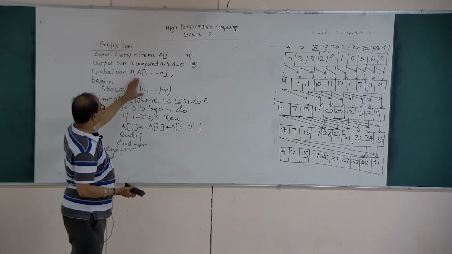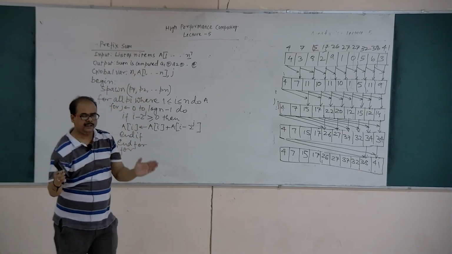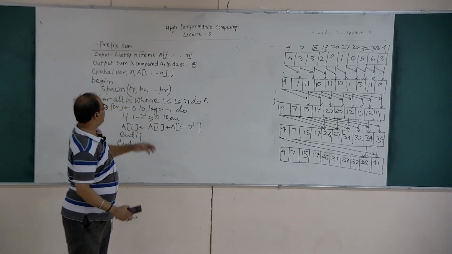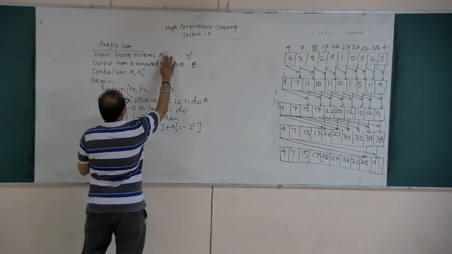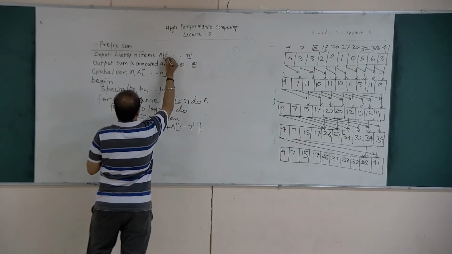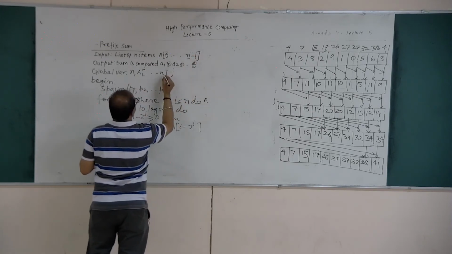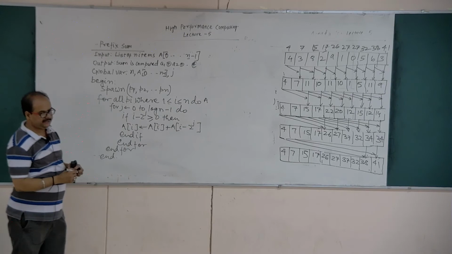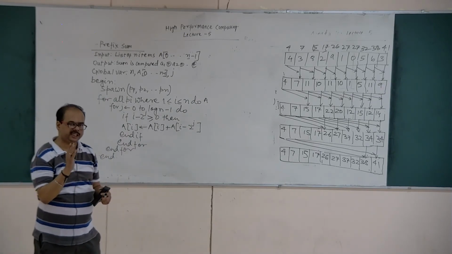We use the global variable n to indicate the size of data, and the data is A0 to A(n-1), and j is used to perform the addition steps.